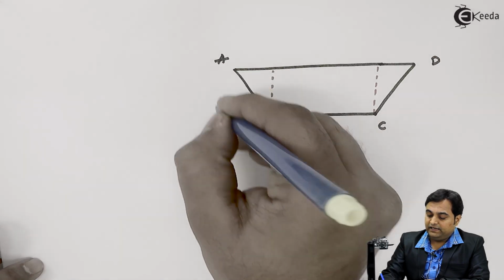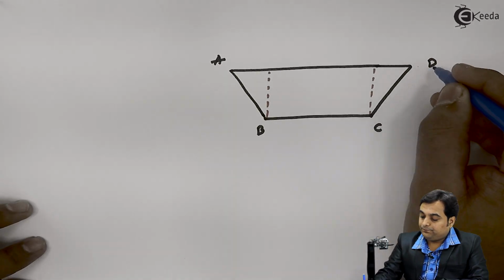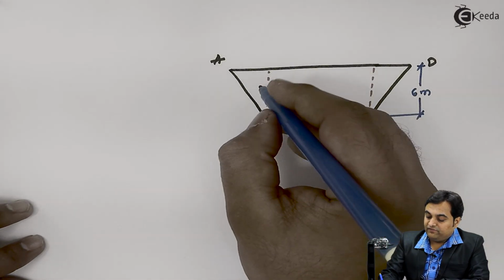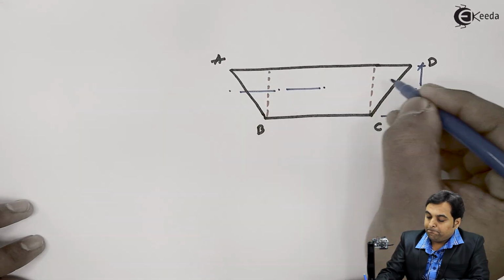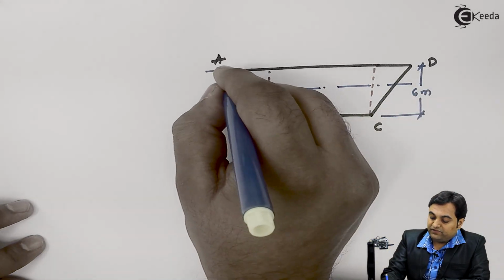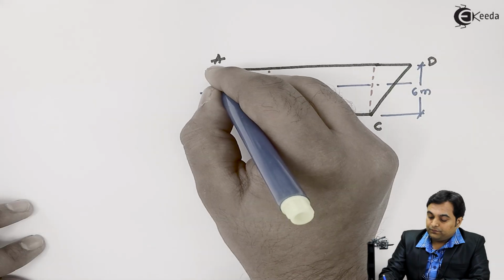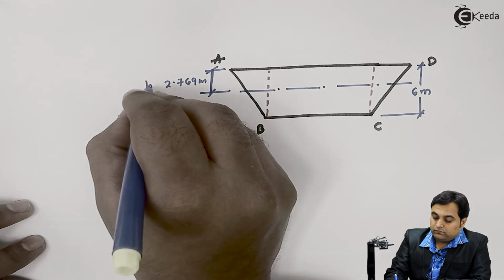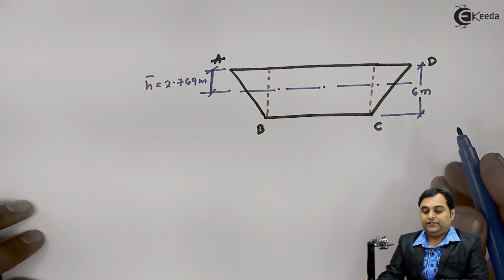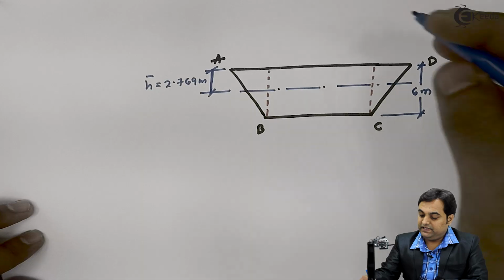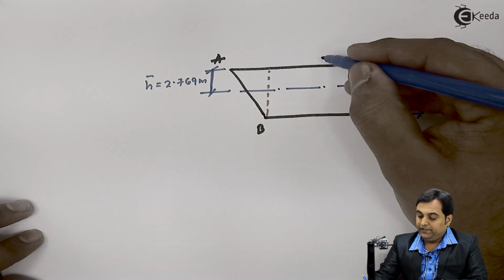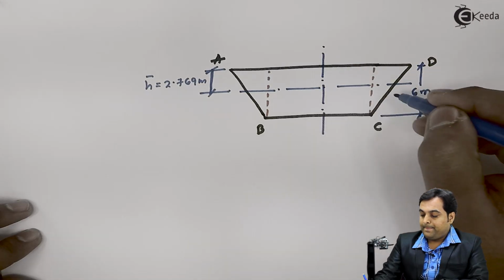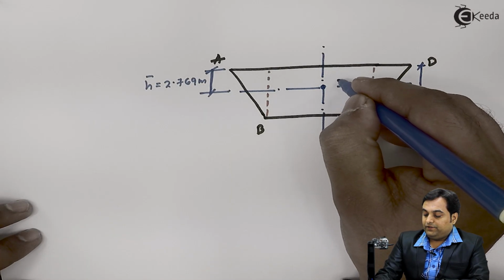Since this entire height is 6 meter, just above the half, we have this distance as h bar. It is 2.769 meter. This h bar indicates the location of the centroid, and since this is symmetric about the vertical axis, here we have the centroid.